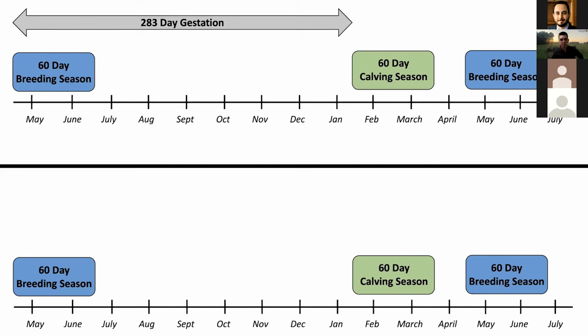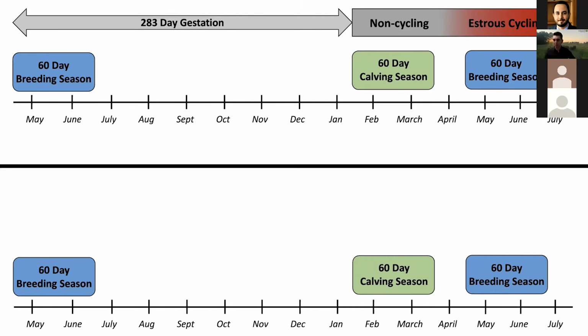So a cow that conceives, for example, on the first day of the breeding season goes on to calve on roughly the beginning of the calving season, gestation being 283 days, maybe a little bit shorter depending on the calving needs of the bull and things like that. But after calving, those cows will undergo a period of postpartum anestrus. And that is when the cow is not having normal estrus cycles. She's not capable of becoming pregnant.